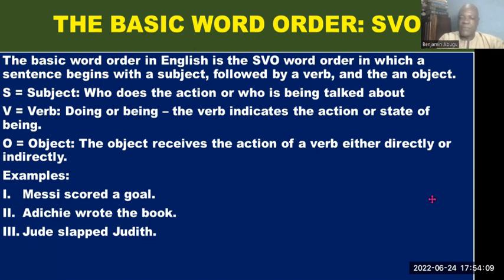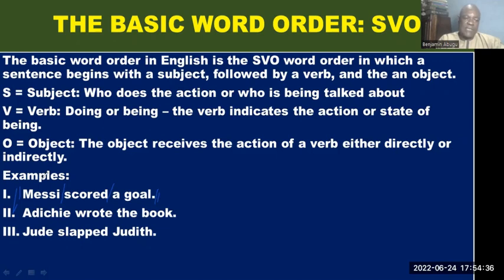Now, let's look at some specific examples. Messi scored a goal. Now, let me get the annotation here and draw your attention to the word order in each sentence. So when you look at sentence I, you discover Messi scored a goal, okay?